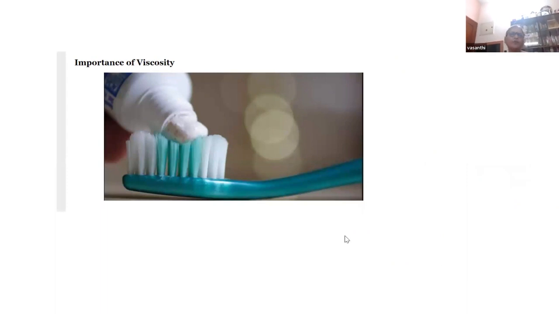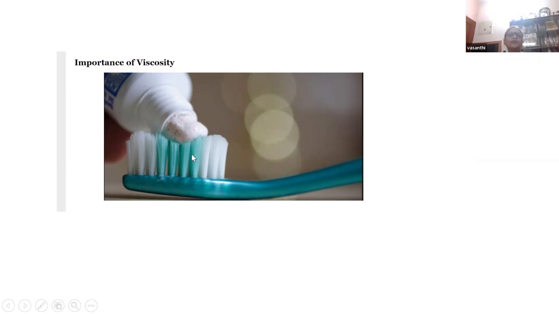Okay, let us learn about the importance of viscosity, a very interesting session. Why is this toothpaste given here? See, the flow of liquid is opposed, isn't it? You can also explain Pascal's law of transmission of pressure using toothpaste: you are applying pressure at one point and it is transmitted at the other end.